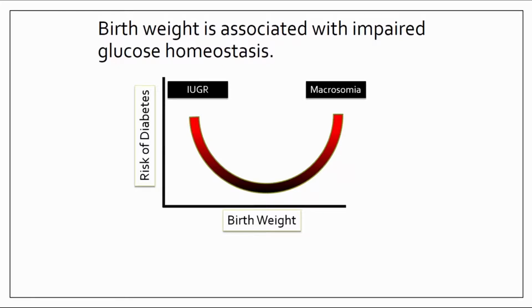If you look at birth weight, that baby that's born about 3.5 kilos is going to have a much lower risk for developing diabetes than an infant that, say, is intrauterine growth restricted or somehow has placental insufficiency so it can't meet its genetic potential. On the other side of this scale, you can look at macrosomia, which occurs quite often in diabetic or obese patients, leading to increased birth weight and again increasing the risk of diabetes.